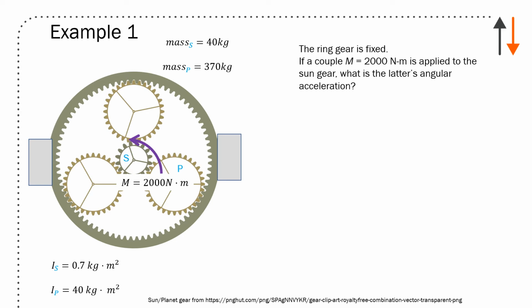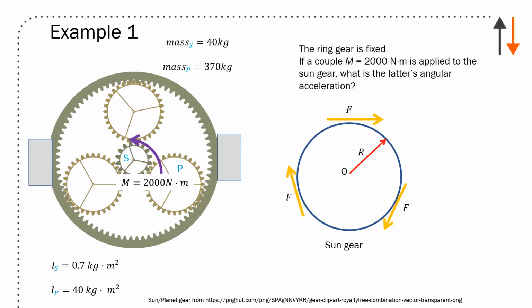You're applying this 2,000 Newton meter moment about the sun gear, and you can see that it is counterclockwise, so it's a positive value. You have the sun gear here with the outer radius. You have the forces that are applied from each of the planet gears, as you can see, and you have the moment that's applied of 2,000 Newton meters.